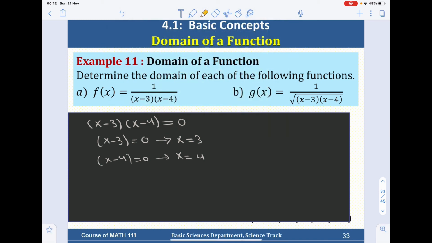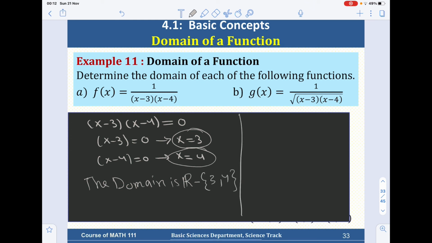As you see, these two values make the denominator equal 0, so I don't want those two values. That's why the domain is R minus {3, 4}. I'm just going to exclude these two values from R, meaning everything is fine except these two values.